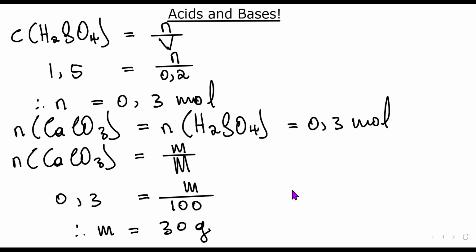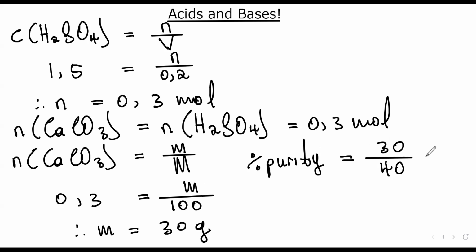So now we know the mass of calcium carbonate in this impure sample. So it's very easy to find the percentage purity. So we can now say, well, the percentage purity is simply the mass of calcium carbonate divided by the mass of this entire sample, which is impure.